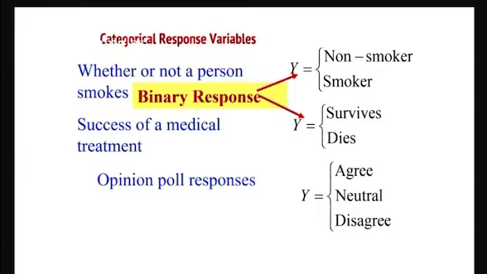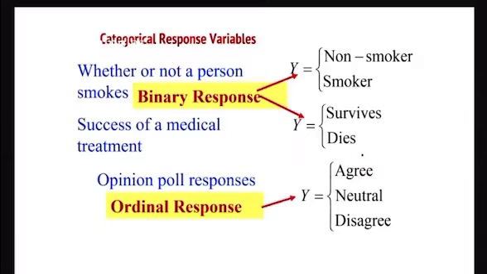But let me tell you this. In opinion poll responses, where we have agree, neutral, disagree, that is no longer a binary response. We have three levels involved, and we call this ordinal. Why is it ordinal? For two reasons.